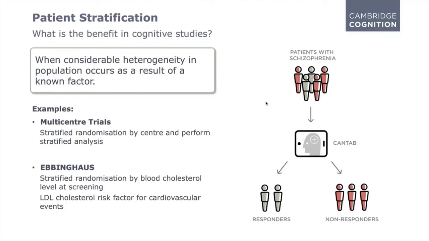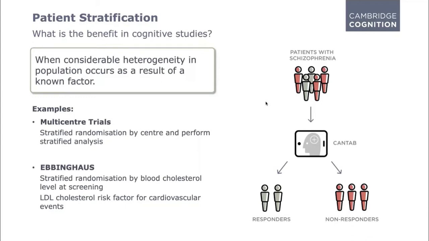And this is often used when there's considerable heterogeneity in a population that occurs as a result of a known factor. And also that this factor is thought to be in some way prognostic, so influencing the outcome and potentially the response to treatment when it comes to clinical trials.